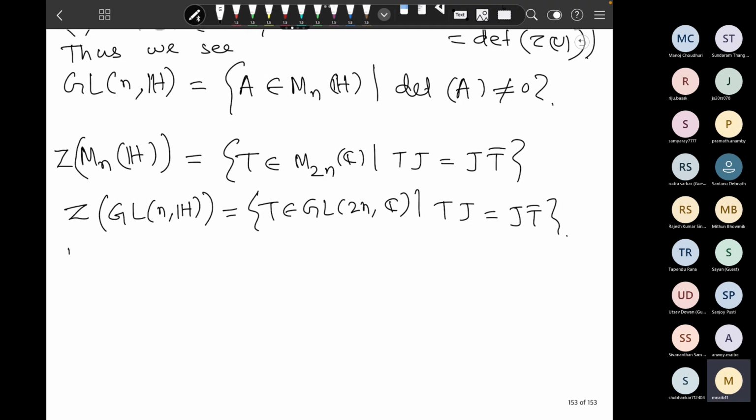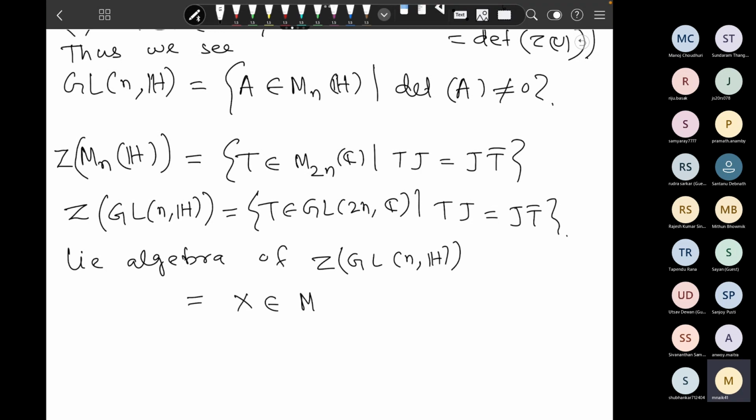Now, what is the Lie algebra of Z GLNH? It is the set of X belonging to M2n C so that Xj is equal to J x bar, if you calculate this. You can look at this as an exercise.